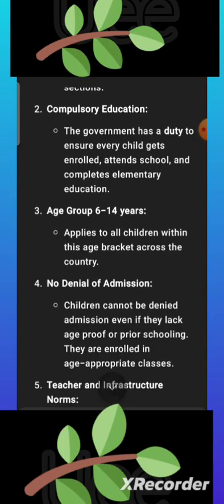Compulsory education. Right to admission. Children can be admitted to age appropriate classes even if they have never been to school or dropped out. The government has a duty to ensure every child gets enrolled, attends school and completes elementary education.